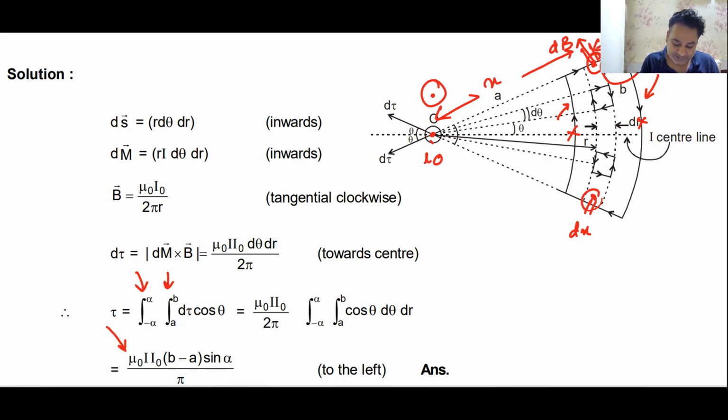Similarly, the force on this element would be pointing downwards, and this df will be equal to I, the current in this wire, into dx into magnetic field. Magnetic field B will be mu naught I by 2 pi x. So it varies. Are you getting my point, beta?